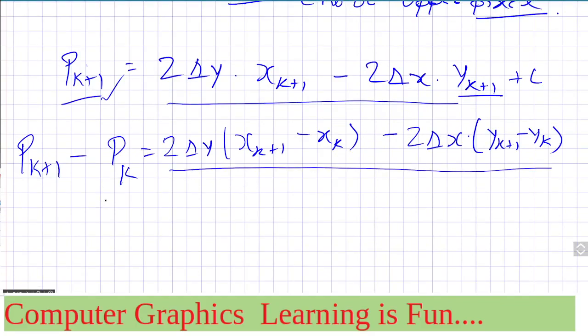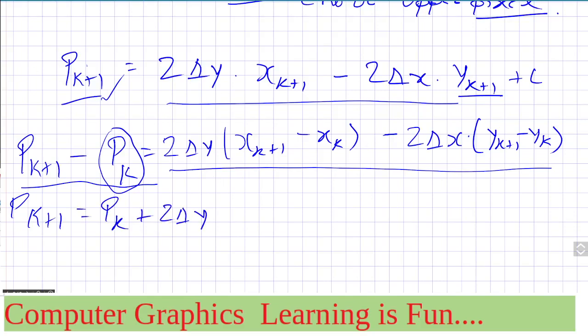So this is what is leading to our decision. Now this is pk plus 1 minus pk. If I take this pk on this side, pk plus 1 is equal to pk plus 2 delta y into xk plus 1 minus xk.